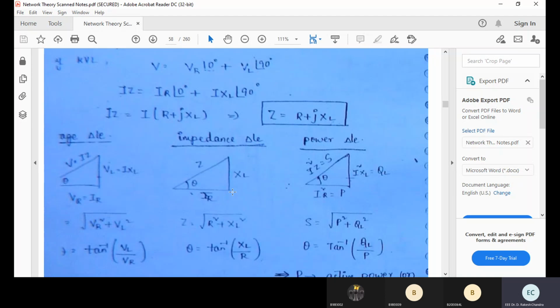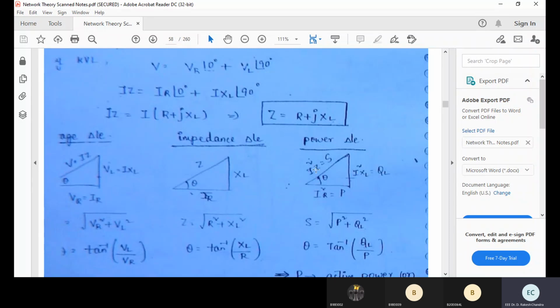Z means the value shifts exactly 90 degrees. R is at this value, and J means it shifts by 90 degrees, then XL. So that's why XL will be here. R plus XL means in the same direction. J means it's a phasor, which is exactly a rotating vector. J will add 90 degrees in this direction. So this is your impedance triangle.